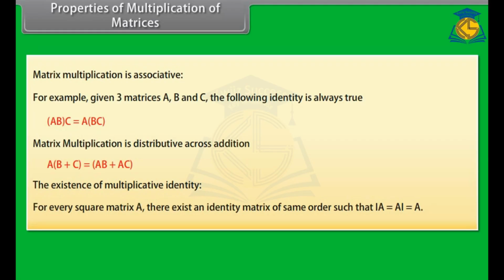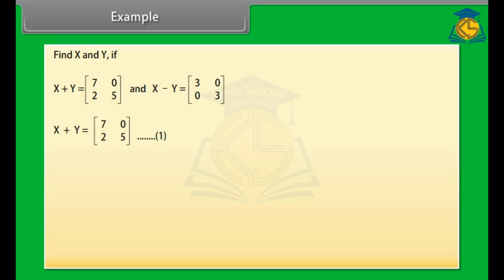Example: find X and Y if X plus Y is equal to the matrix, row-wise, first row 7 0, second row 2 5, and X minus Y is equal to the matrix, row-wise, first row 3 0, second row 0 3. Solution: given X plus Y and X minus Y, mark them as 1 and 2.